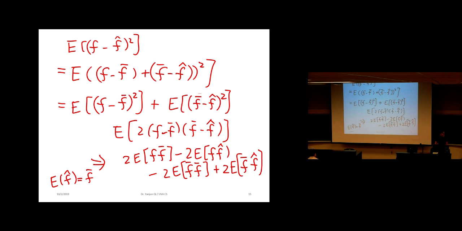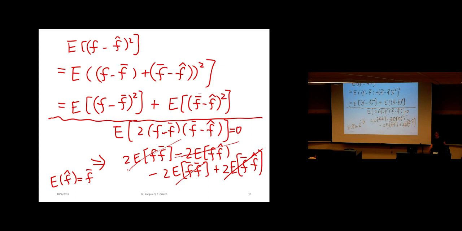Then you can get what? E f hat, they totally cancel out, right? E f hat is f bar, and I think these two cancel out. This and that, and f bar and f hat, yes, actually, yes. And this part equals 0. And what you get is this part.